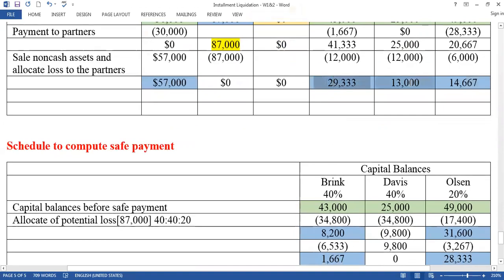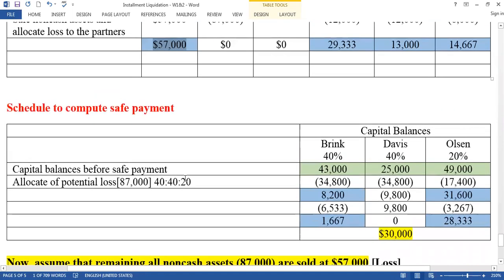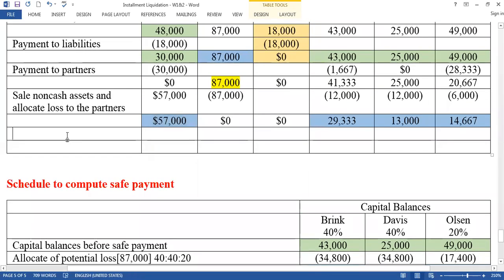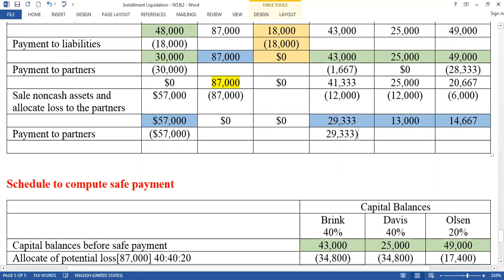If the capital is higher and the payment is lower, and if we have some remaining assets, then we are going to pay according to this schedule. But now we don't need any schedule, we just pay the money because we have the available money. Payment to partners: $57,000 we are going to pay, so it is minus. This money is enough to pay their capital.